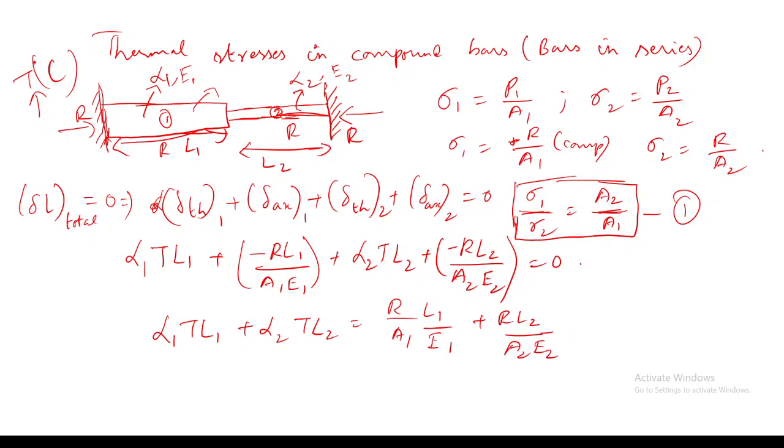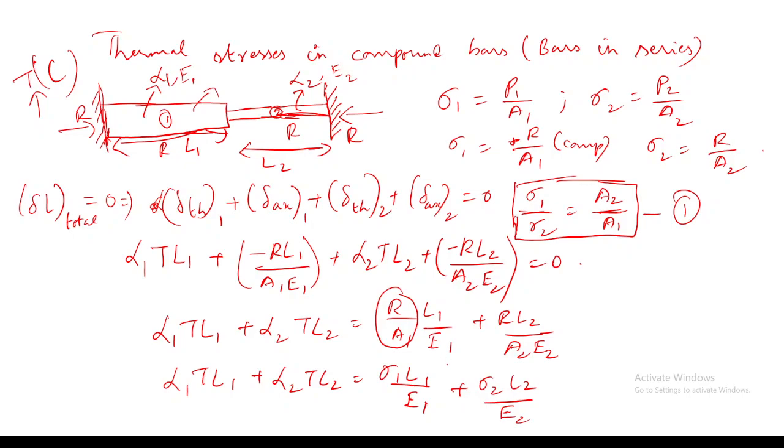I can rewrite R by A1 and R by A2 as sigma 1 and sigma 2, right? So it will turn out to be sigma 1 L1 divided by E1 plus sigma 2 into L2 divided by E2. Okay, so this is the second relation, which is very important.